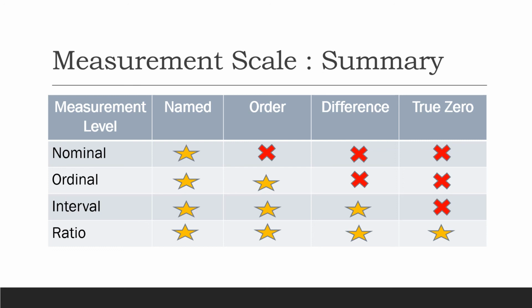We have your interval, lagyan natin ng X dito, nakalimutan natin. We have your interval, you have your name or categories. It has an order, there's a difference but no true 0. And for ratio, it has a name, it has an order, there's a difference, and there is a true 0.